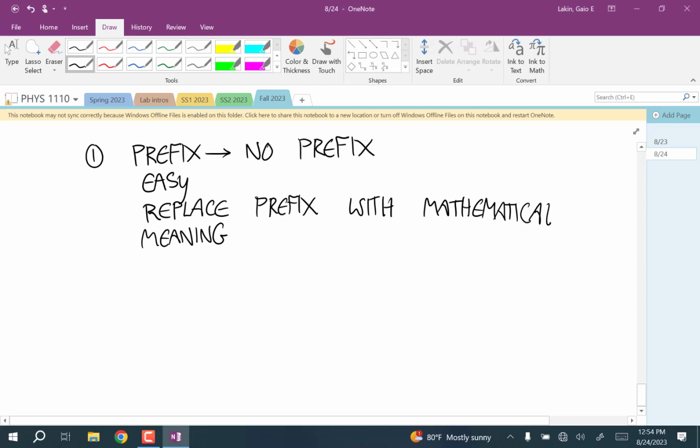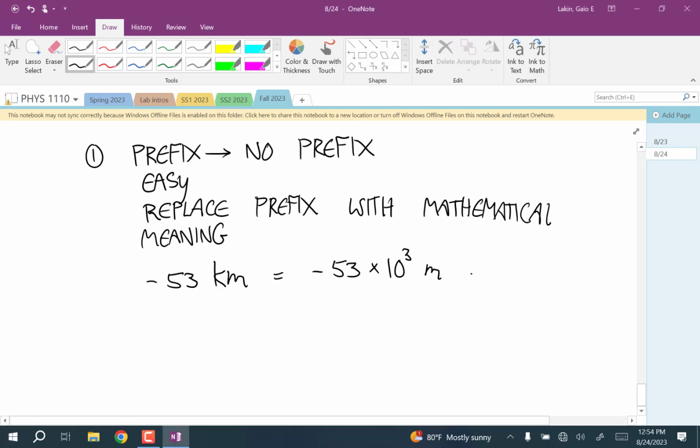So for example, negative 53 kilometers is equal to negative 53. What does kilo mean in the list above? Times 10 to the 3. Yep, so negative 53 times 10 to the third power meters. I just replaced the k with the mathematical meaning. That's a funny in-between of standard notation and scientific notation.